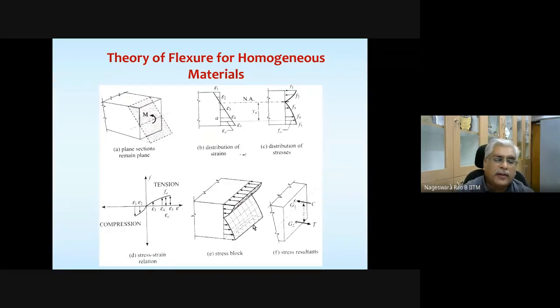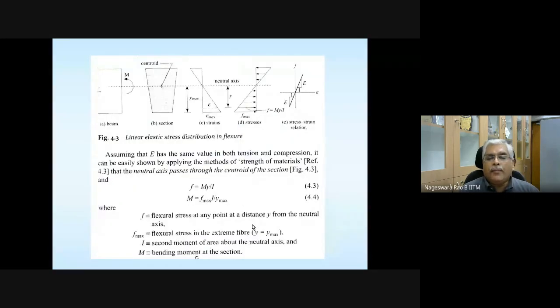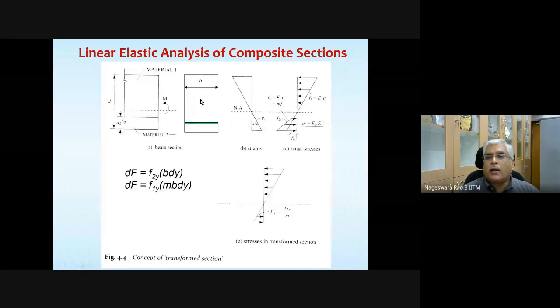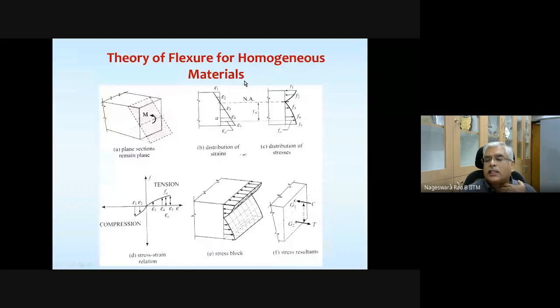Okay, before we go into reinforced concrete, which involves two materials, before we go to the analysis of reinforced concrete sections, which are composite sections, we'll first look at these homogeneous sections, or sections made of homogeneous materials, for which I require you to go through your mechanics of materials concepts and then come for the next class. Okay, so I'll stop here.